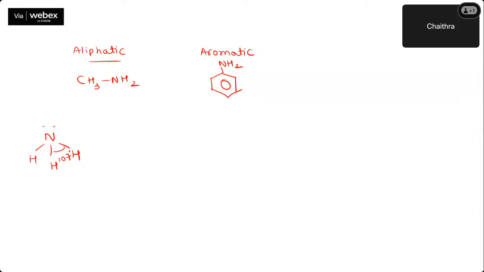Okay, so let us directly start with the preparation method. Before that, I'll give one or two examples for nomenclature, how to give the common and IUPAC names. For example, first I'll take CH3NH2. How do you give the common name and IUPAC name for this?